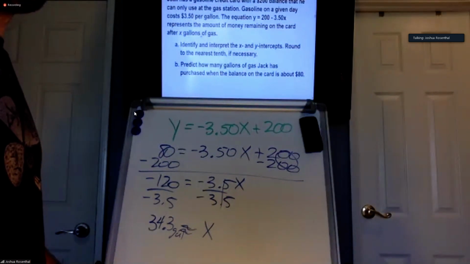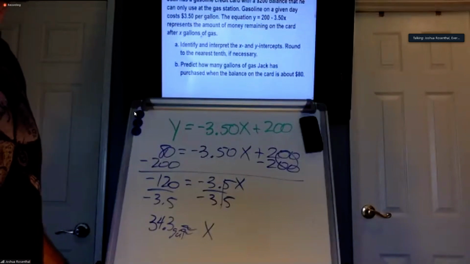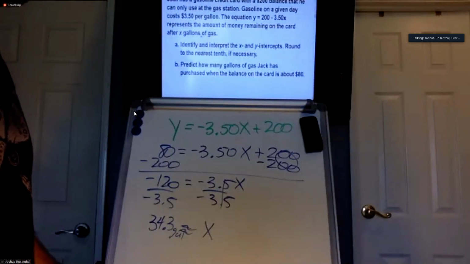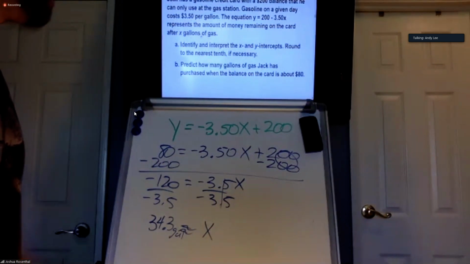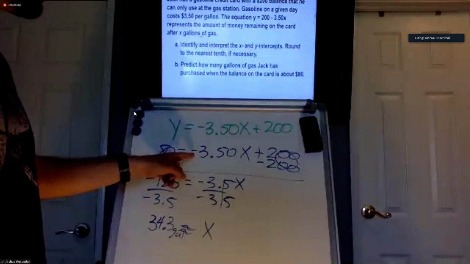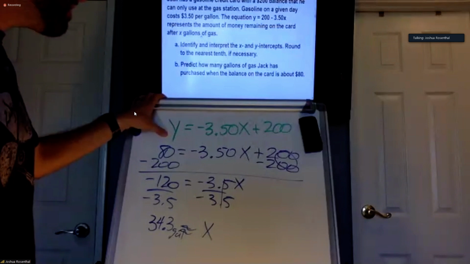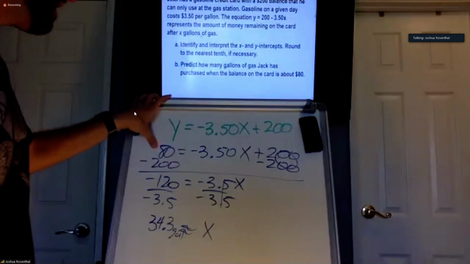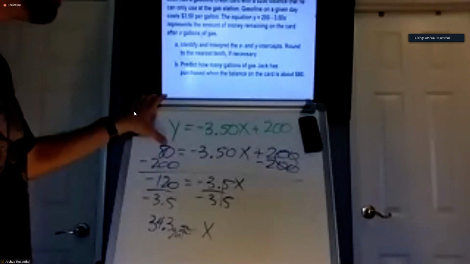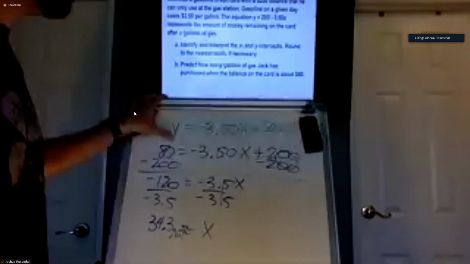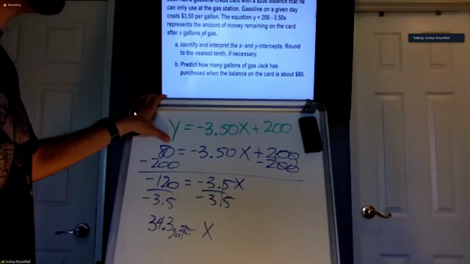No. There's not two equations. This is not a system of equations. He just inserted the 80. This is the same equation, but it told me that there's a balance on the card of 80. So it told me what y is. That's all. It didn't give me a new relationship between the variables in the problem.